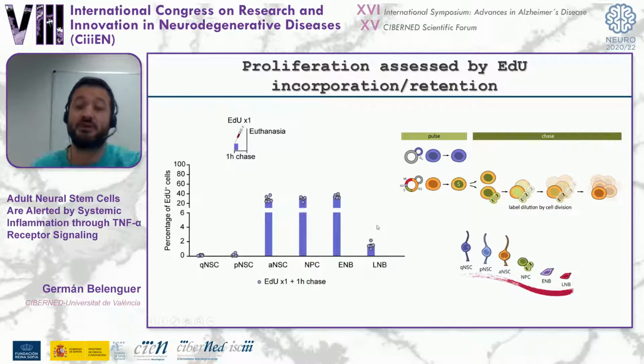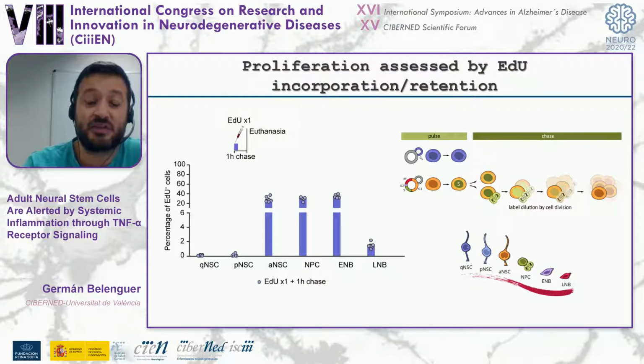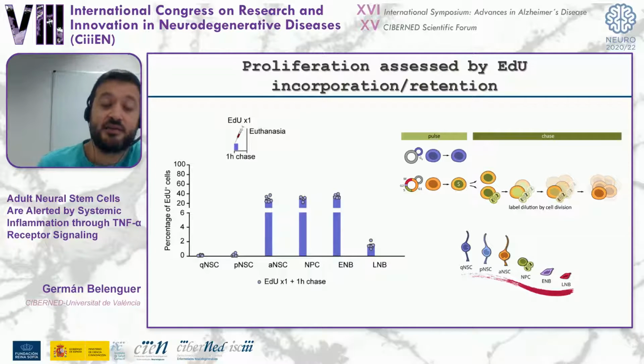So to test this possibility, we applied different regimens of EdU incorporation to mark proliferating cells. And here you can see that if you inject EdU and sacrifice the mice after 1 hour, what you label are the proliferating states. You can see active neural stem cells, progenitors, and neuroblasts incorporating the EdU.